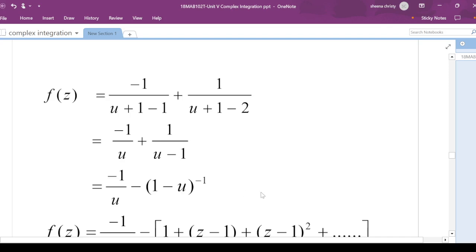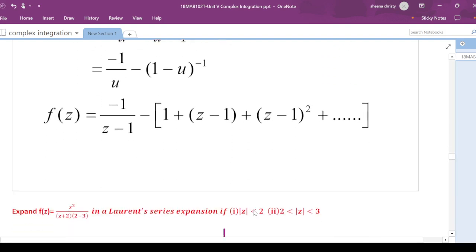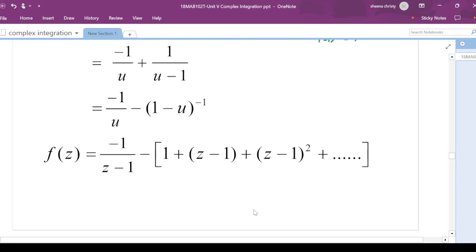Because we already know that modulus of u is less than 1. No constant in the denominator or in the numerator, just modulus of u is less than 1. That's why we are not taking any constant outside here. So (1 minus u) the whole power minus 1 is expanded by making use of the power series, and we write down the generalized form.